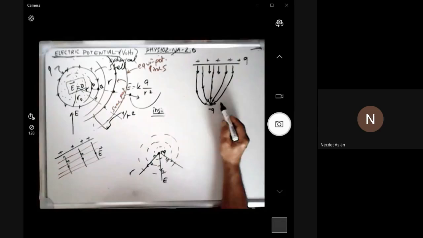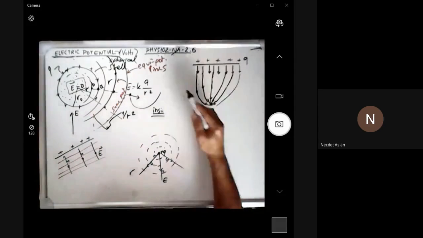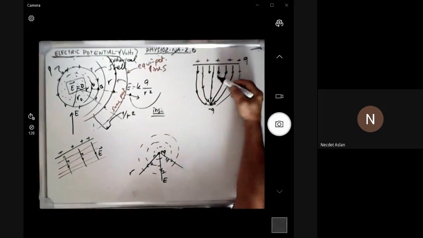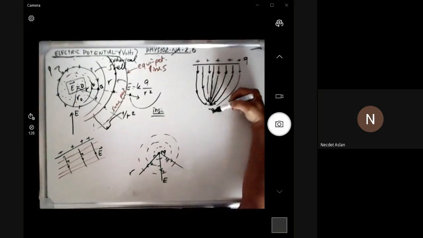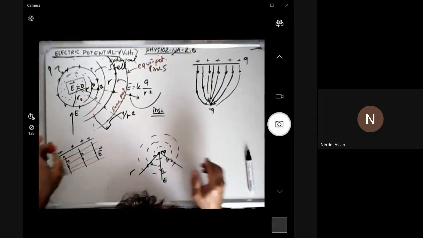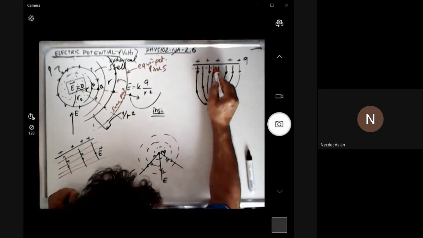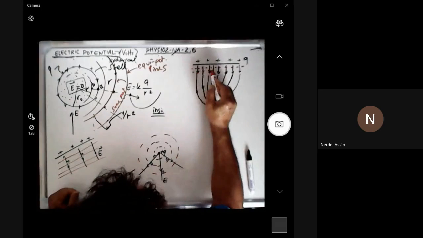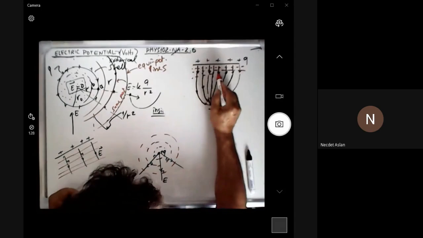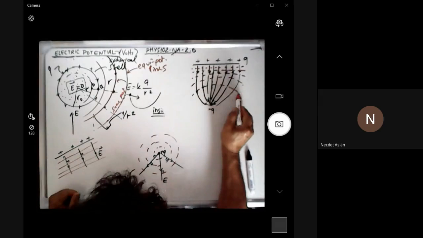As soon as you put this charge here, these two charge distributions will be able to feel each other, and there will be some kind of curvature. But now, the interesting thing happens. When you are very close to the flat charge distribution, the equipotential lines are flat, but when you get away, some curvature starts.